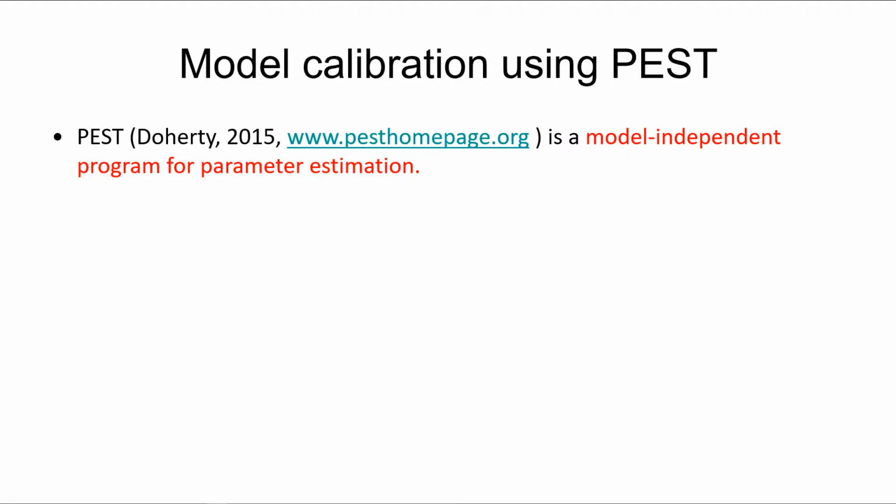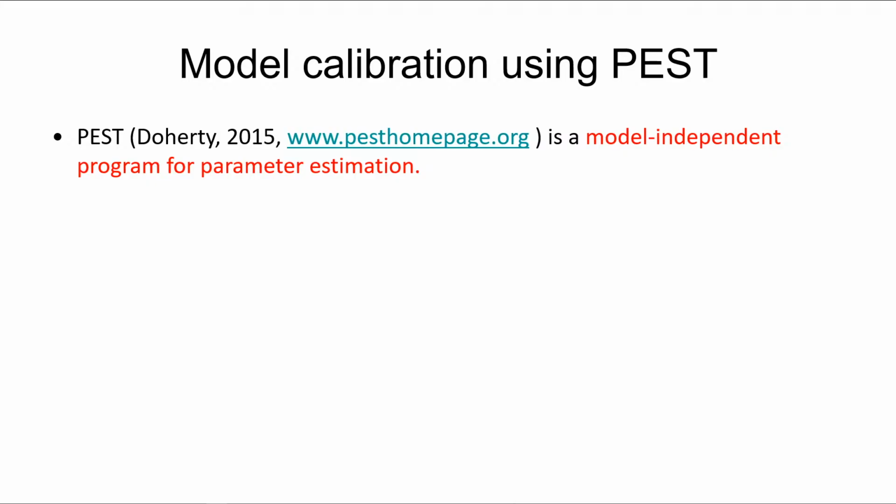So here, what we will be doing is model calibration using BEST. We can do this manually. Let's say you run your model and your model didn't match what you are observing in the field.